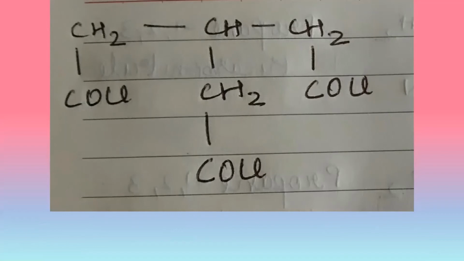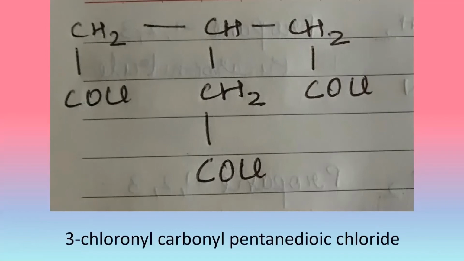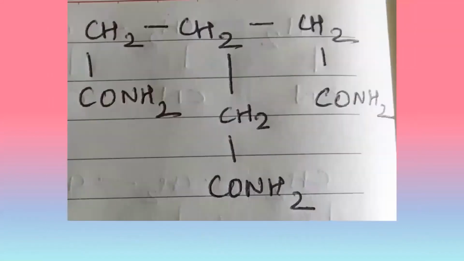So the name of this compound will be 3-chlorocarbonyl pentane dioic chloride, because at the third carbon there is the acid chloride group, with the carbonyl carbon atom attached to it, and there are 5 carbons in the main chain, and dioic for the 2 acid chloride groups present on it.